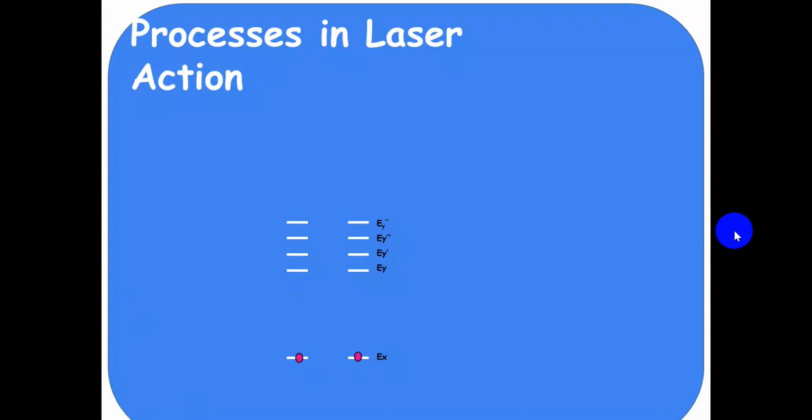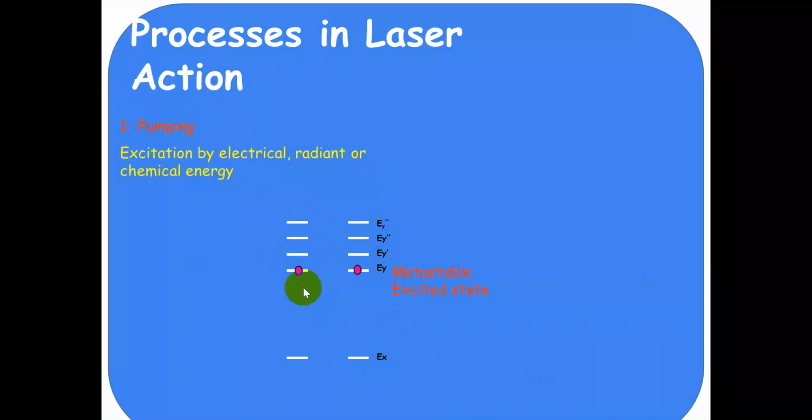In this slide, you can see a simple animation about the main processes in laser action. These are two atoms with energy levels. We plotted these levels close together to simulate solid-state or liquid lasers, in which the states are close together. Two atoms are in the ground state, and they can be pumped. In a laser, the atoms are pumped with electrical energy or a light source, or sometimes with a chemical energy source.